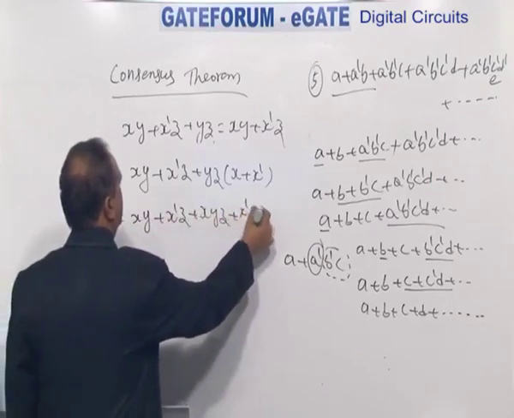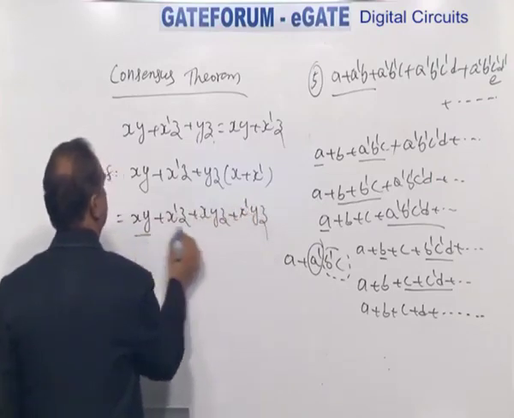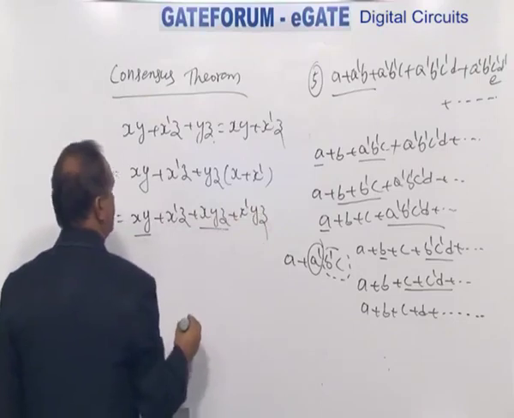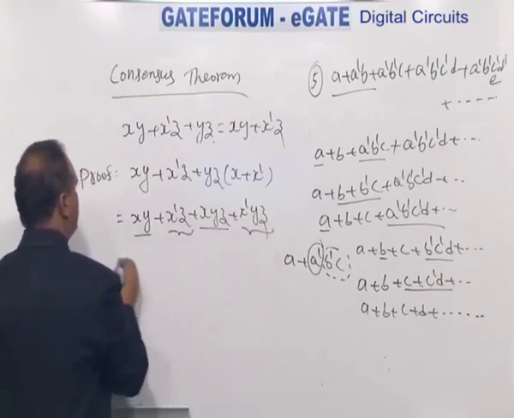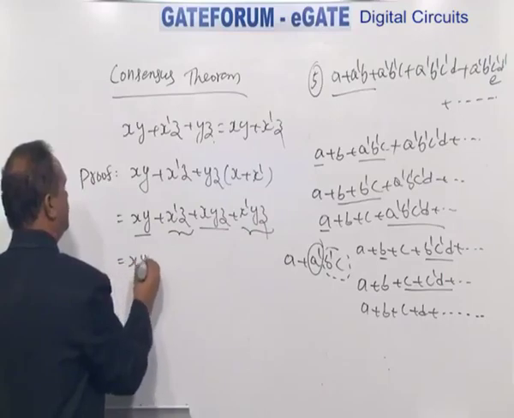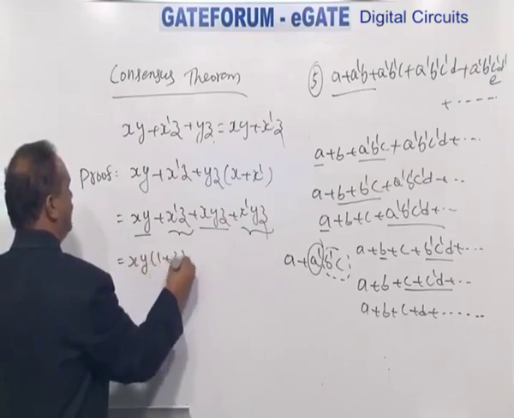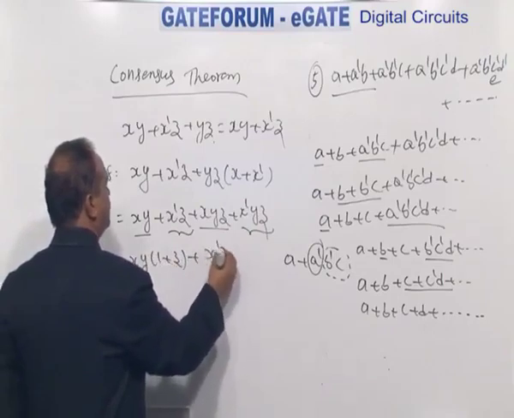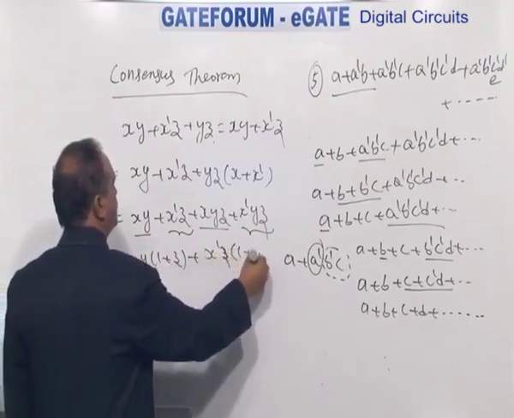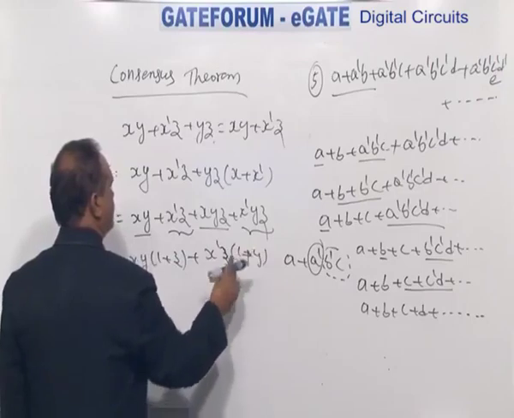xyz plus x bar yz, and first and third, second and fourth. If you take from the first and third terms, xy times (1 plus z), and x bar z times (1 plus y).